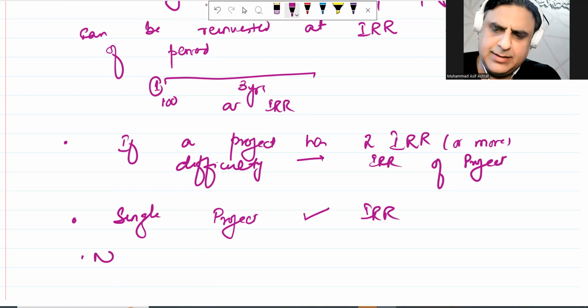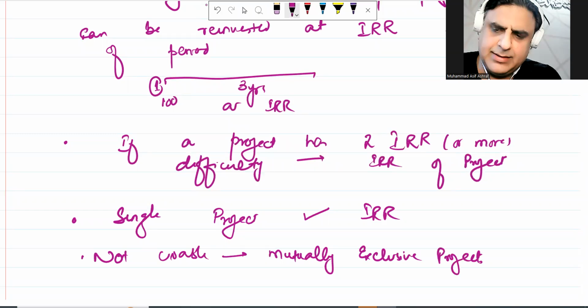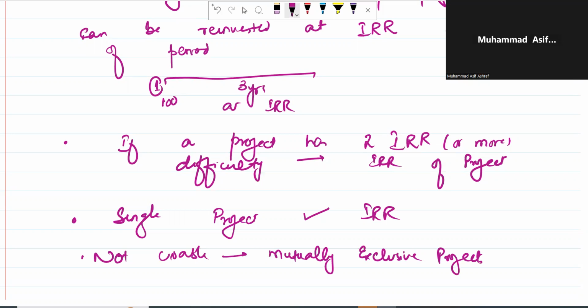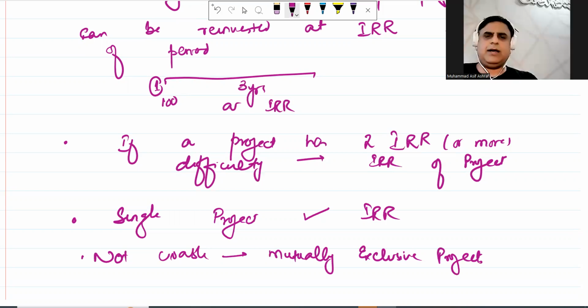It is not usable if we have mutually exclusive projects. What are mutually exclusive projects? Mutually exclusive projects are projects where we have two projects, both are favorable, both are profitable, but we have to pick one. So on what basis are we going to decide?